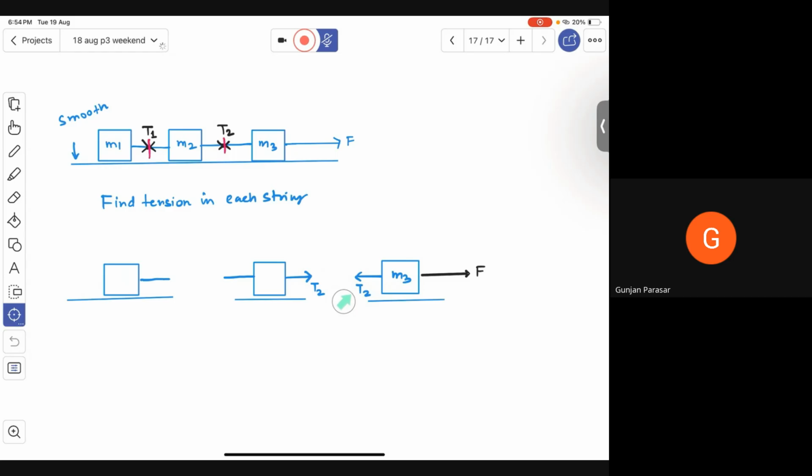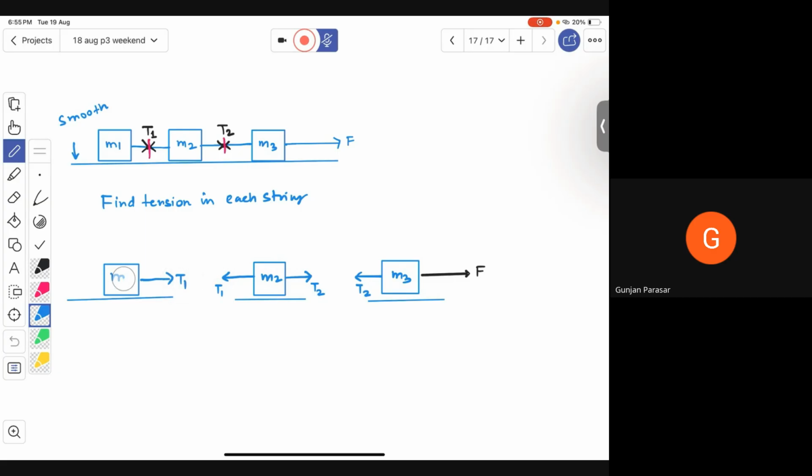It must be trying to increase the length of this part, or it should be tensile in nature. For that, T2 must act leftward, so its reaction on the other part must act rightward, along the horizontal in a tensile manner. Along the rightward direction only, on M2. So I hope all of you can tell how T1 will act on M1 and M2.